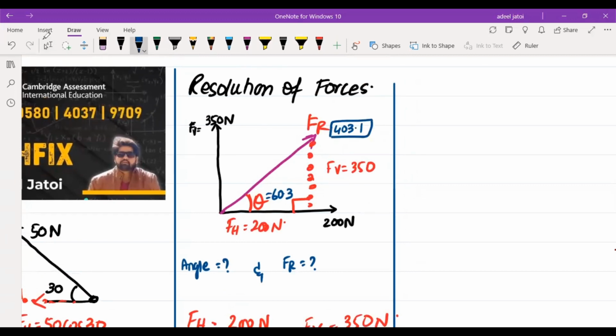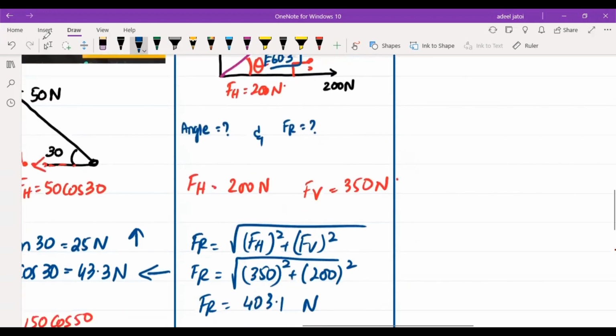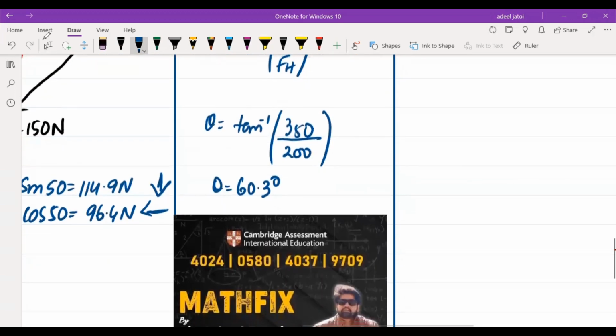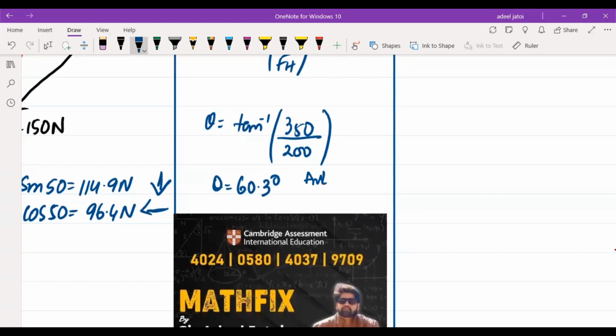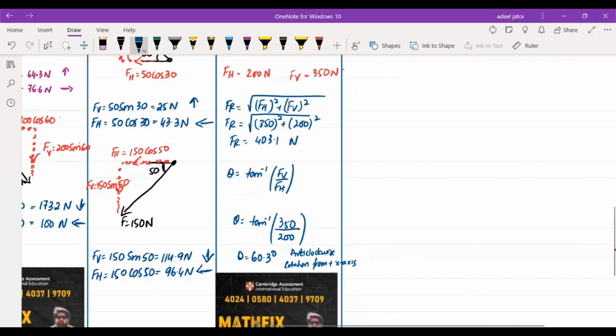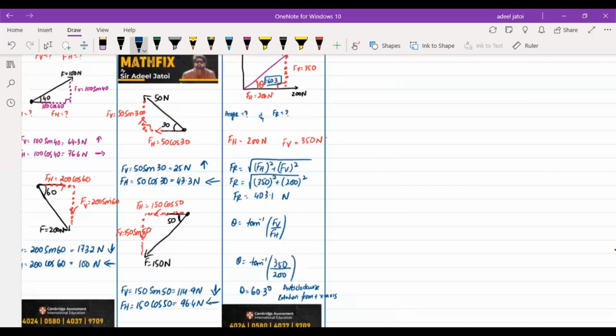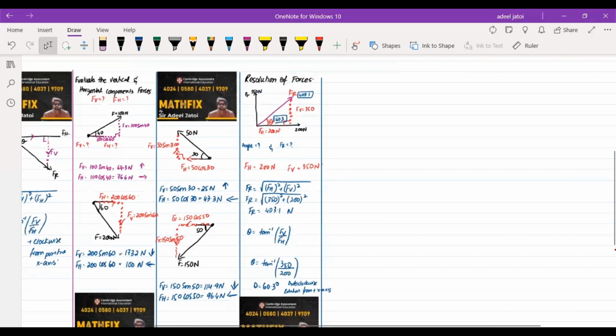These are the two answers, but with the angle, we can say it is acting anti-clockwise rotation from positive x-axis. This is anti-clockwise rotation from positive x-axis. So this is particularly the way moving forward for resolution of forces.